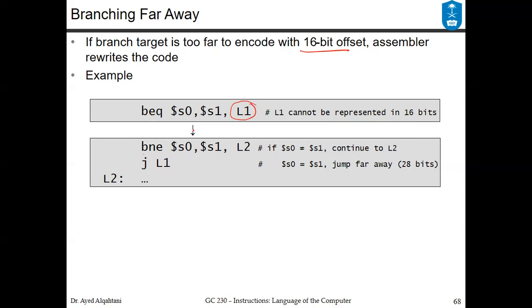And this way, what you wanted, when they are equal, you go to this far away location. Now here, if they are not equal, you will jump to L2, which is, you just continue normally. Otherwise, which means that when they are equal, you will jump. You use now the jump instruction. You jump to L1. And now, if they are equal, you will jump far away. And now you have more flexibility because you have 28 bits to put the label. And this will make you jump really far away.